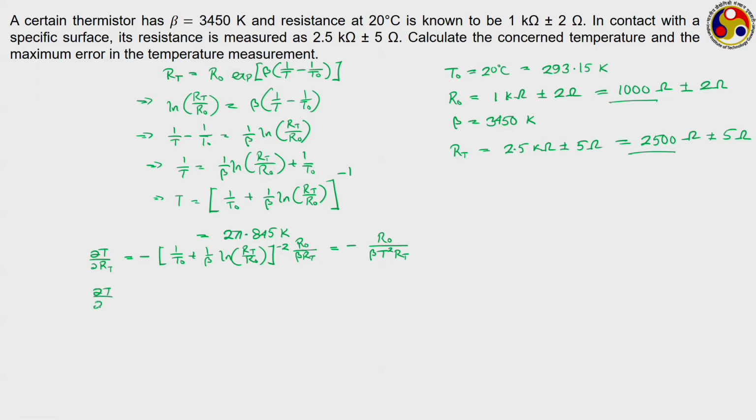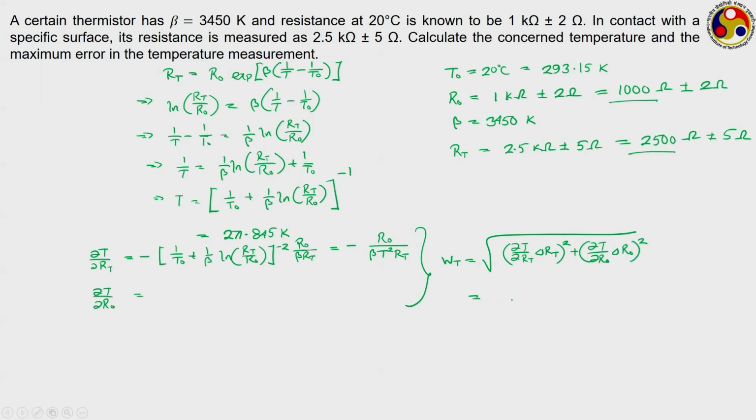Similarly, dou T dou R naught you can get by differentiating with respect to R naught, and get the corresponding calculation for this. Once you get both the calculations done, the total uncertainty involved will be equal to the root of dou T dou RT into the uncertainty involved in the RT measurement whole square, plus dou T dou R naught into the uncertainty involved in the R naught measurement whole square.